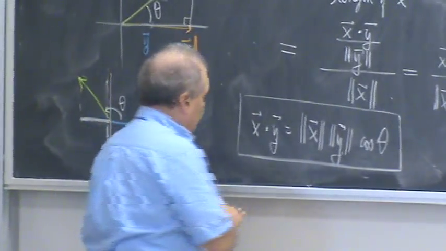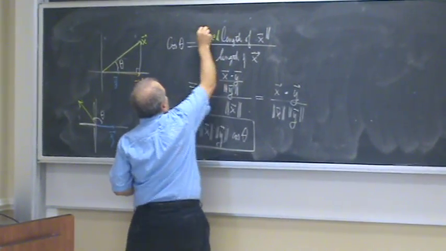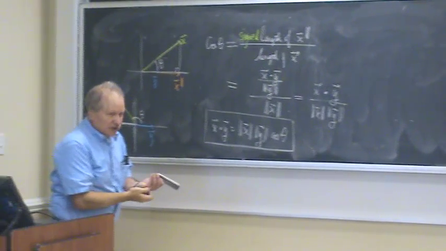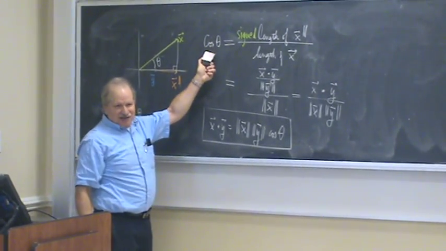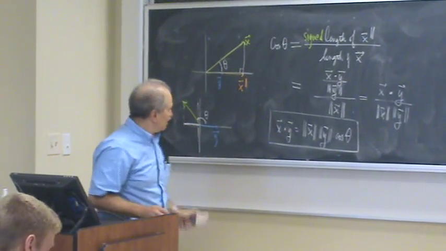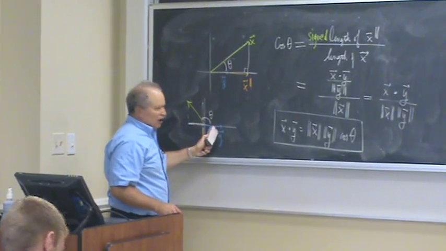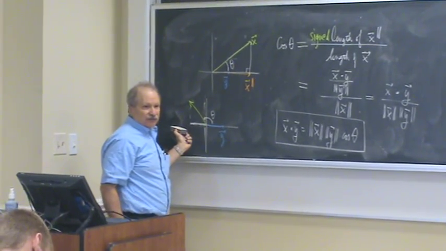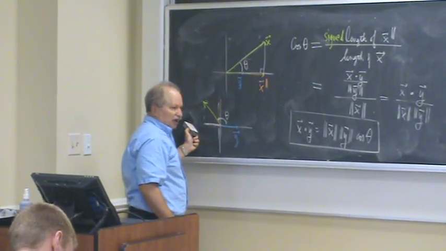So the correct thing to put here is signed length, and that length is positive when cosine theta is positive, and that signed length is negative when cosine theta is negative, and that's exactly happening when x is pointing opposite to y. Generically, I don't mean literally opposite, but in the opposite direction to y.